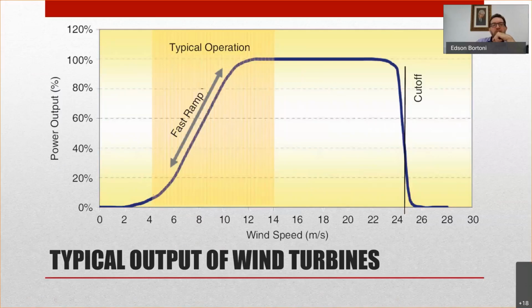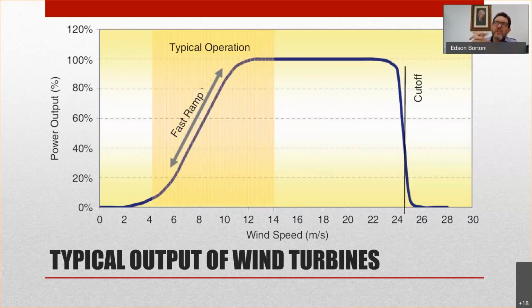Of course, there is a limitation of the generator. It can't generate as much as the wind speed allows, because the generator in the wind turbine must be very big. So there is a limitation of the generation, despite a lot of wind.